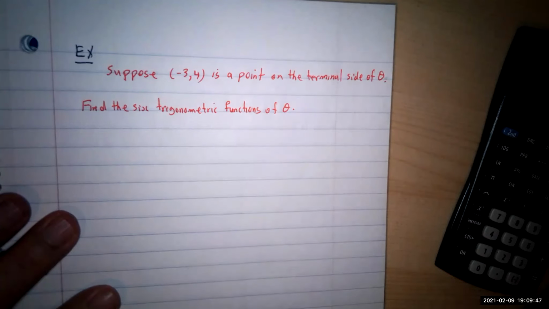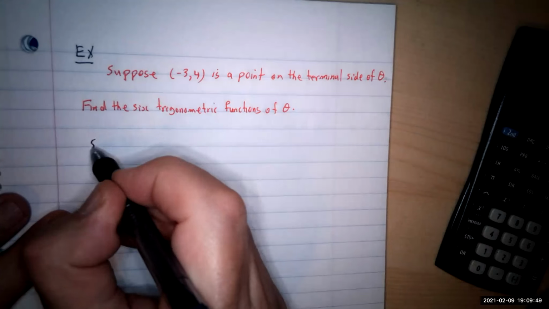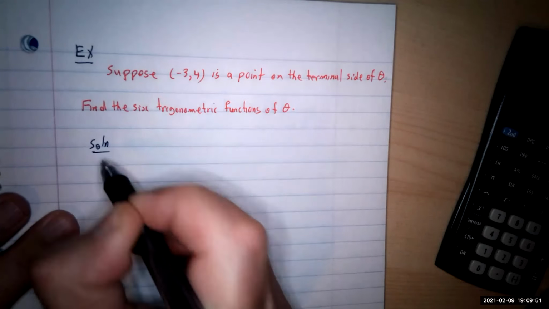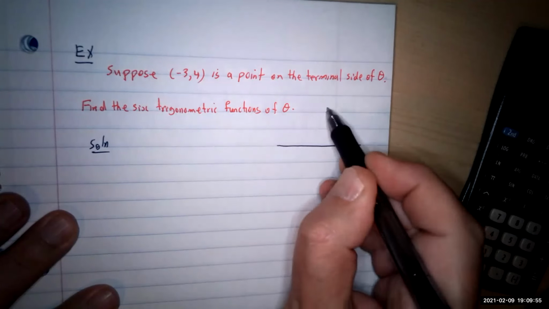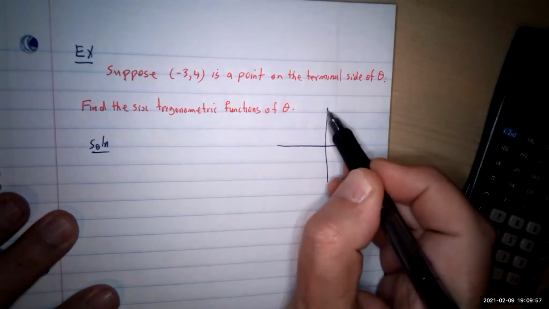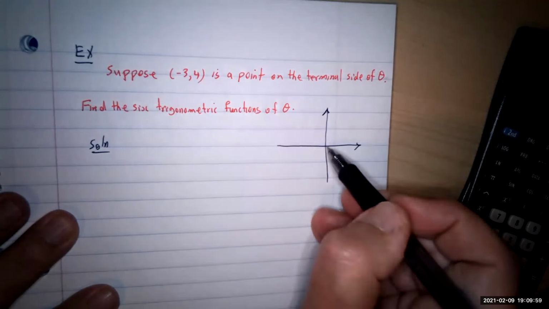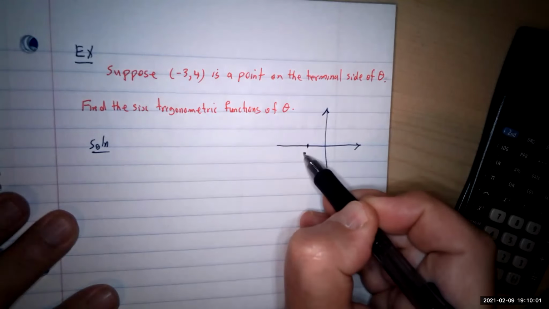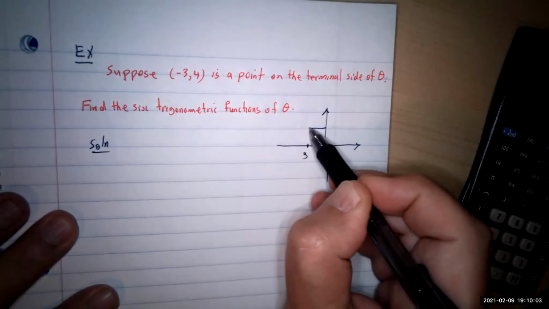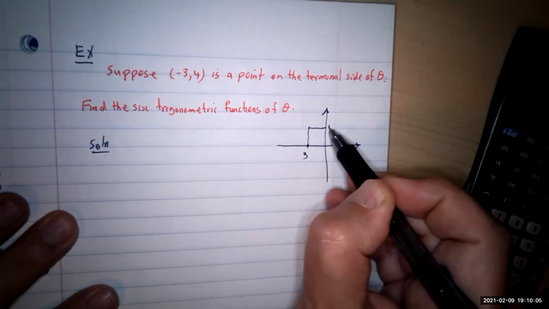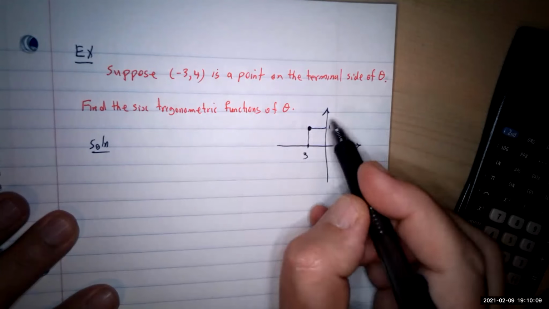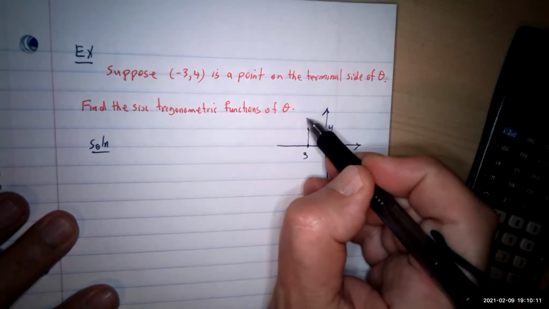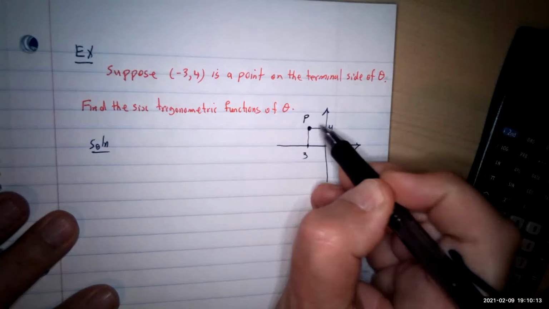So the solution is going to be, if you like, you don't have to write it, but it's nice to know it's a -3. So this is going to be a -3, and that's 4. So this is going to be the point P in this case.